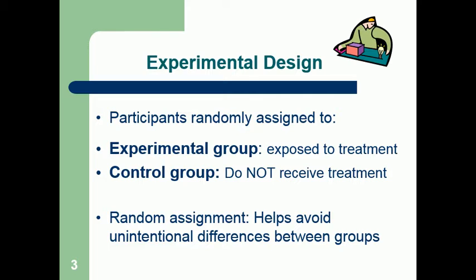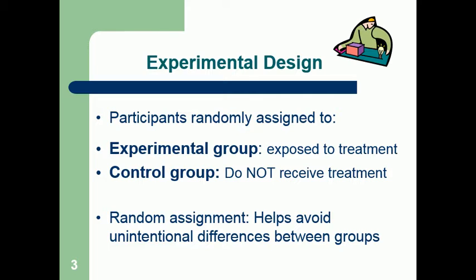This could also be an experiment where this is the group that receives some type of manipulation. So if you'll remember, the Bobo doll experiment was an experimental design. The children in the experimental group were the ones that saw the confederate act aggressively towards Bobo.